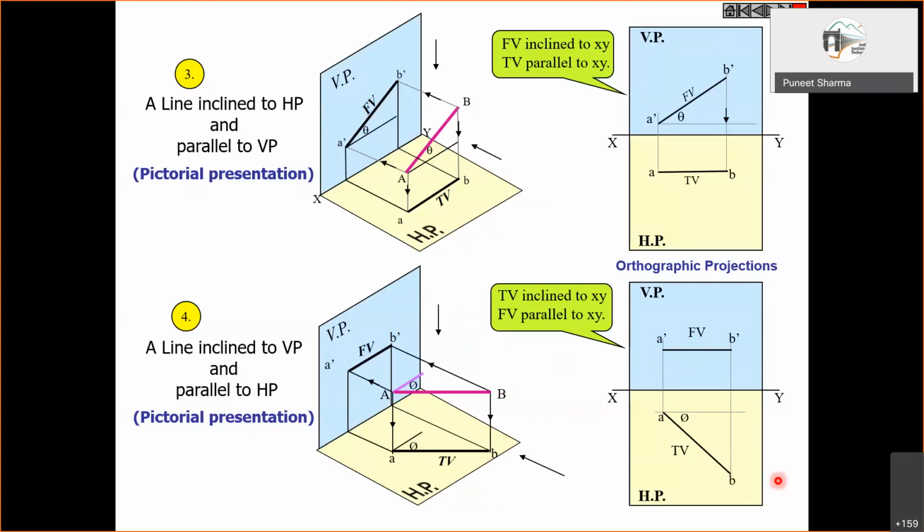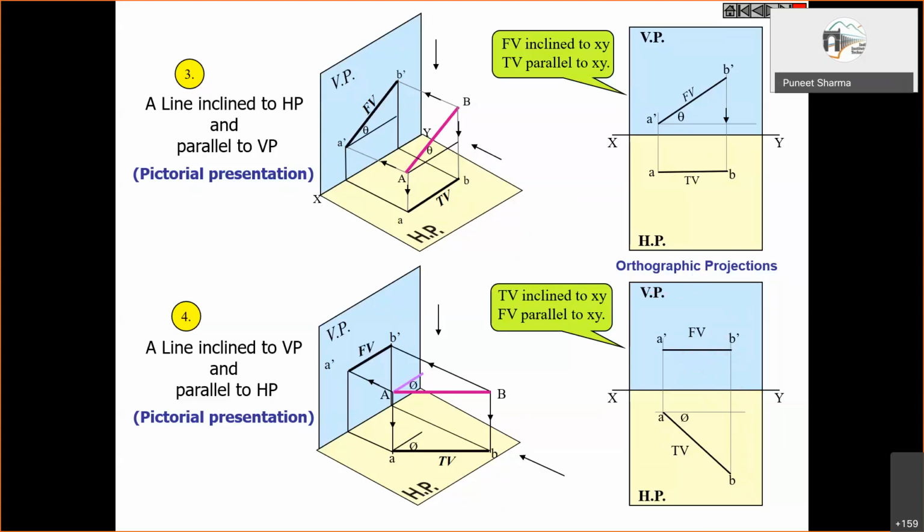This B will attain some position with the same distance from the XY. So it will be somewhere here. It will attain some position by keeping the same distance from this XY, and the length of this front view will not vary, but this B dash will change its position and it will be somewhere else. This distance will not vary as B dash.